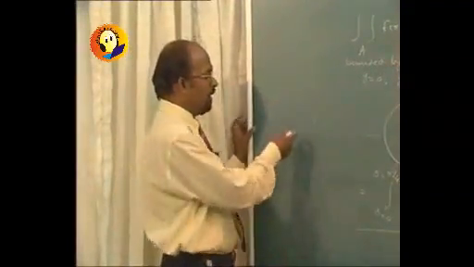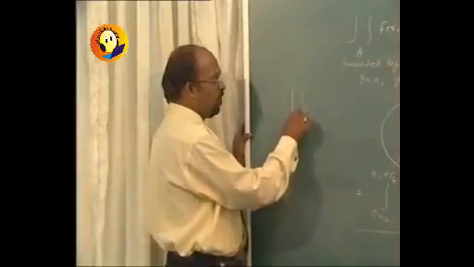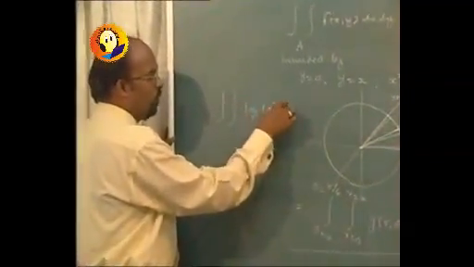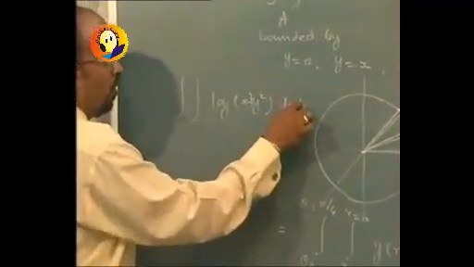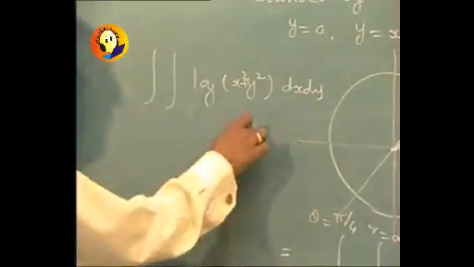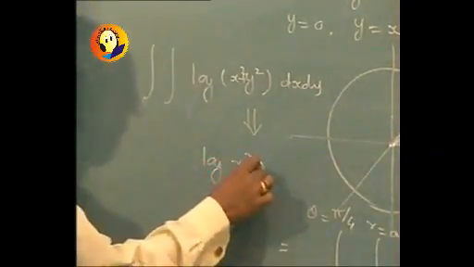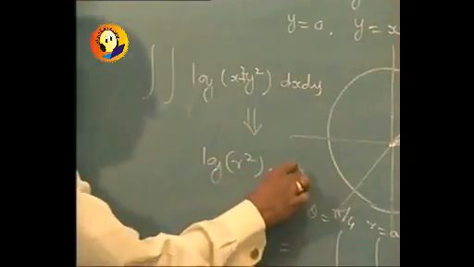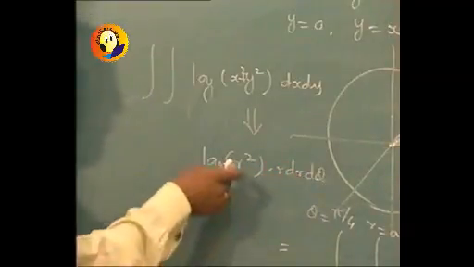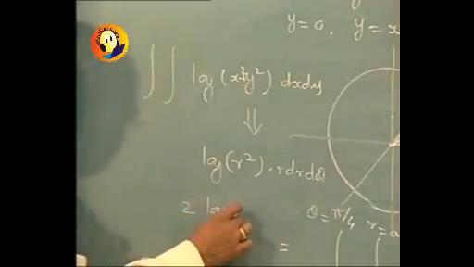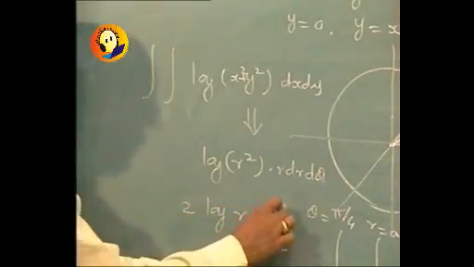For example, in one of our earlier problems we had something like log of x square plus y square to be integrated on some region of the circle. Now if this is converted to polar form, it will take the form log of r square into r dr d theta. Not only that, this 2 can come outside, it will be 2 log r into r dr d theta.